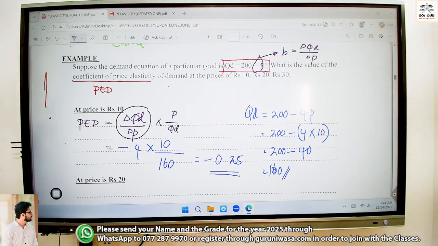I want you to calculate PED at price 20 and 30. Price 20 and 30. Calculate the PED value at price 20 and 30.